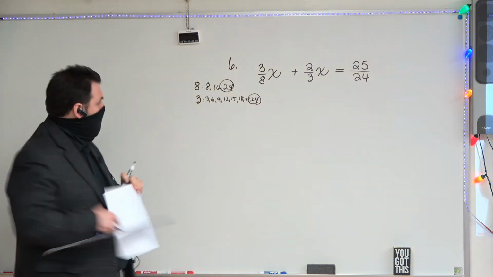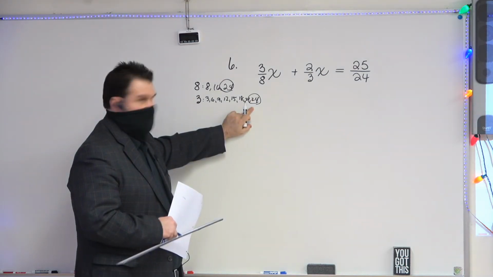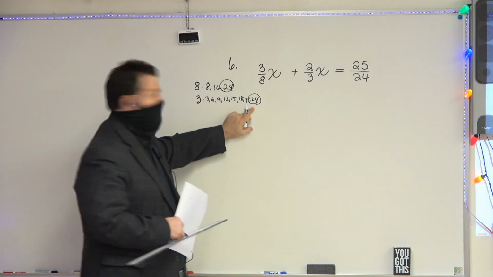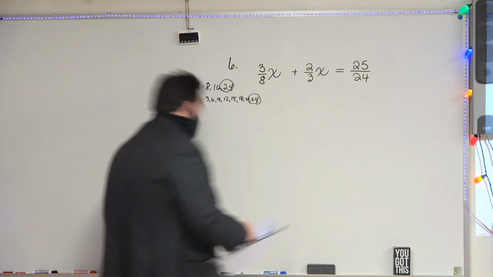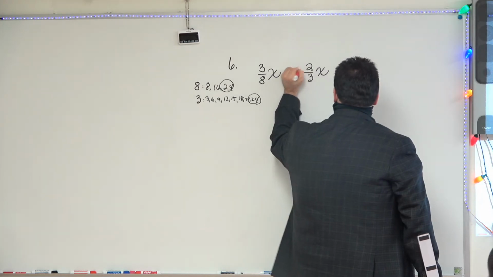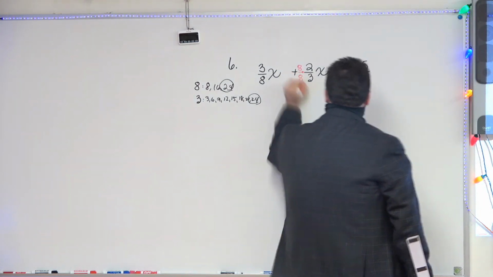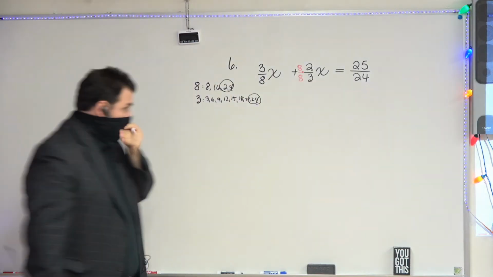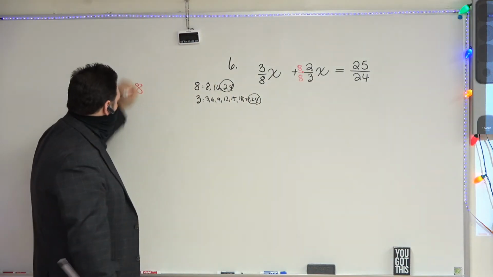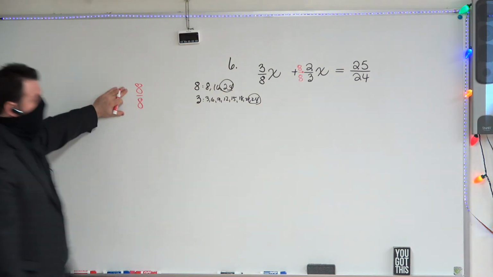Well, what do I need to multiply 3 by to get 24? 8. 6 times 3 would be 18. So what I'm going to do over here is multiply 2/3 by 8/8. You see, I'm only allowed to multiply a fraction by a number that reduces to 1.